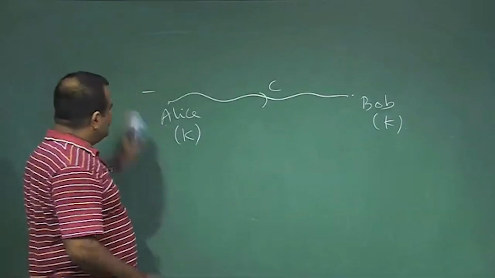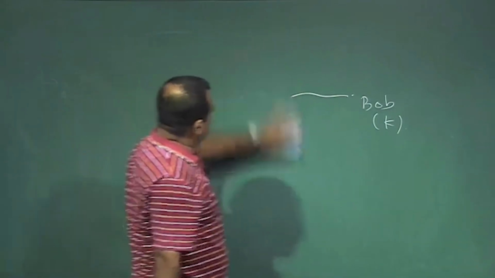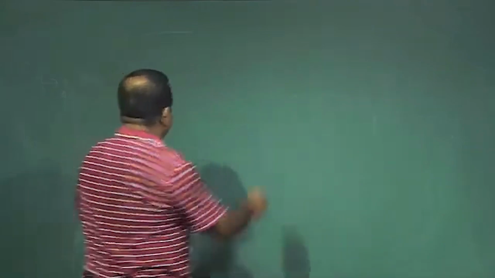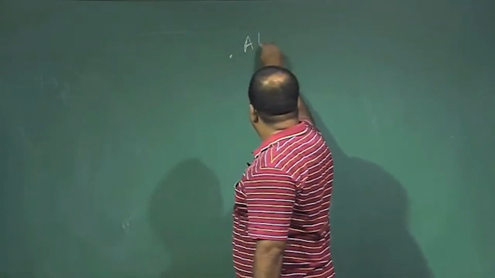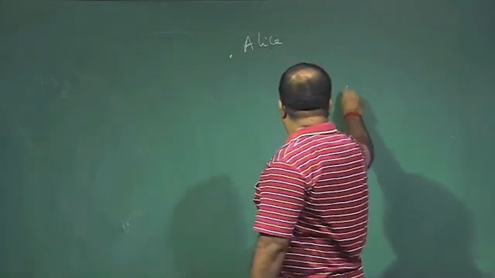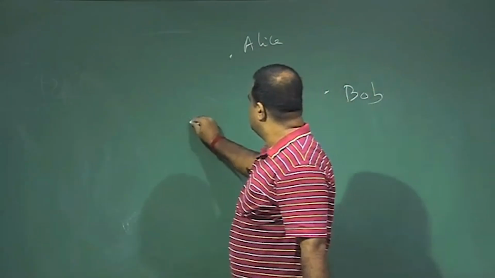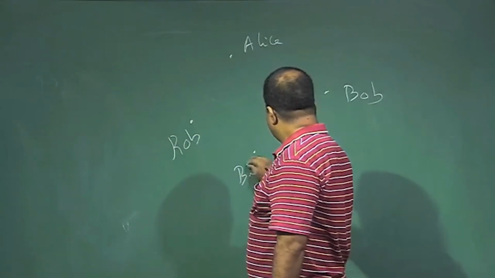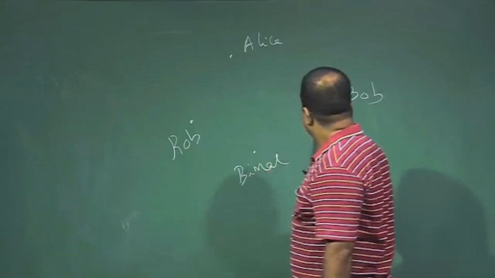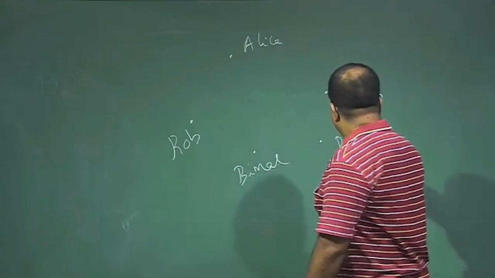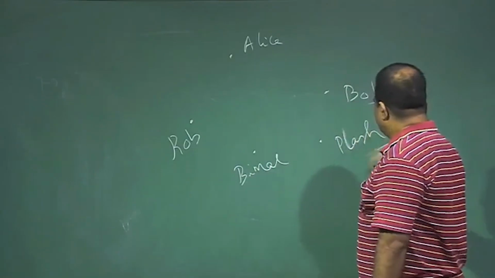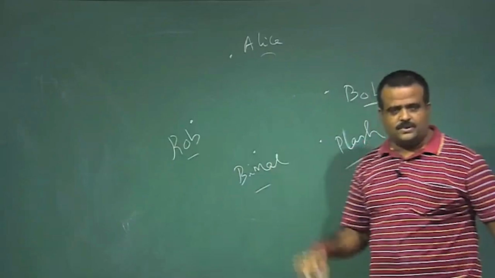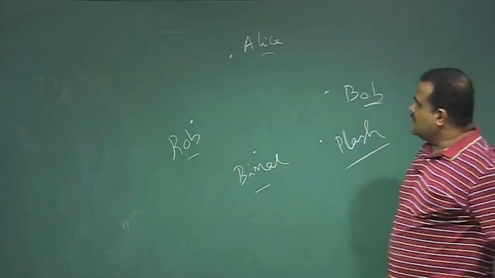Another disadvantage is, suppose there is a network where n people are communicating. So Alice, Bob, Rob, say Bimal, Polas. There are many people, say n people, communicating with each other.